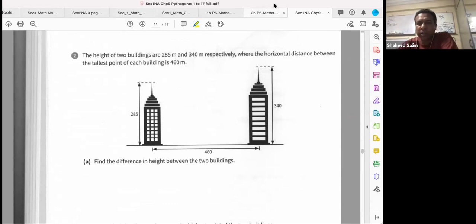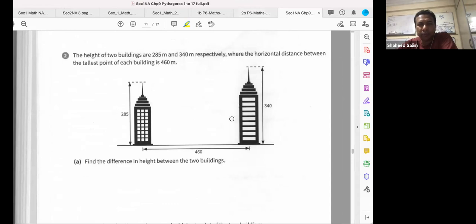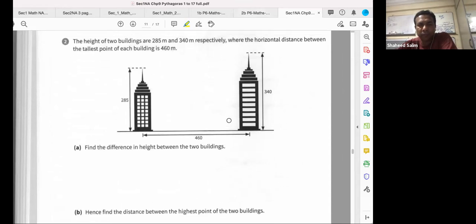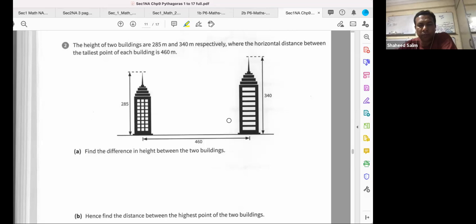The other day we did this, I think. You try to read, see whether you understand.